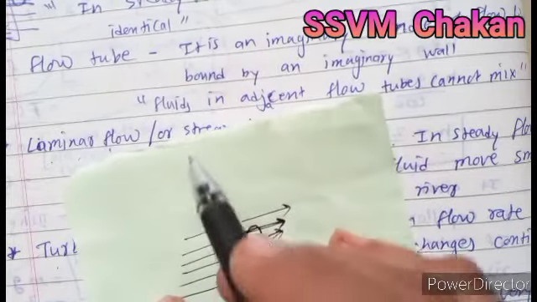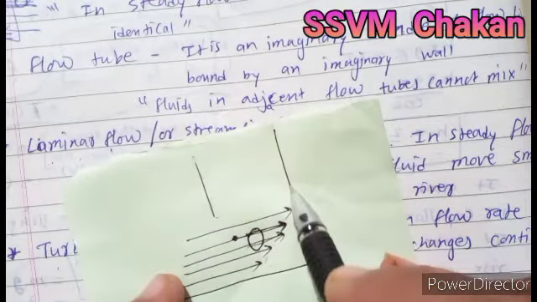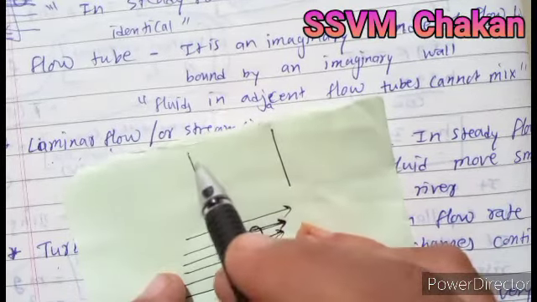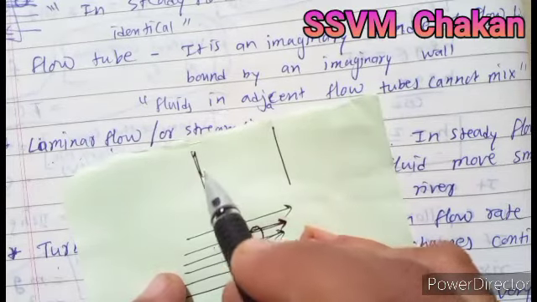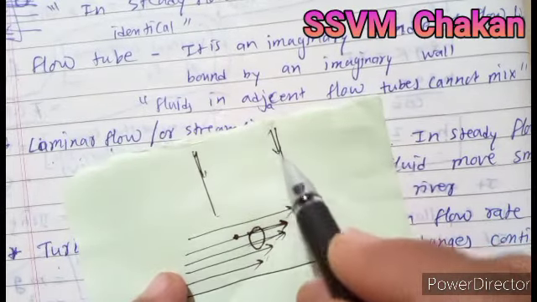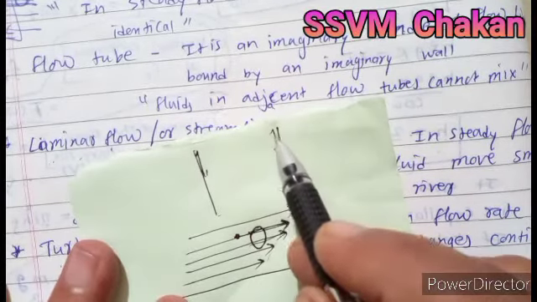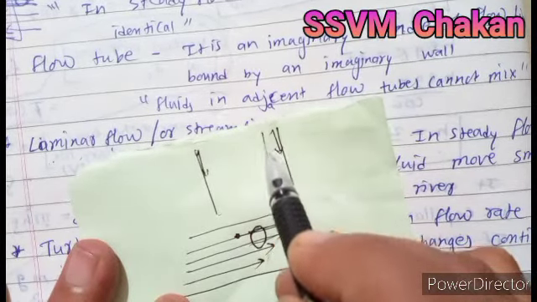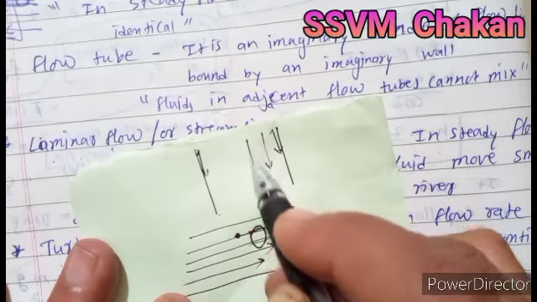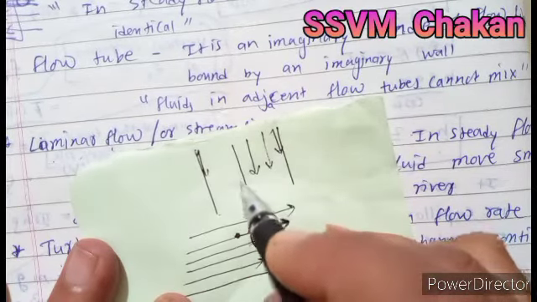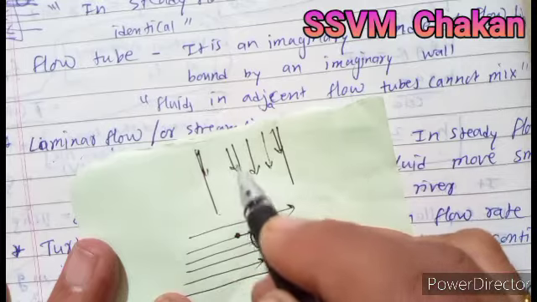In the other case, if you see the river flowing, the layers near the banks on both sides of the river move with slower velocity. As we start moving towards the center of the river, velocity goes on increasing.